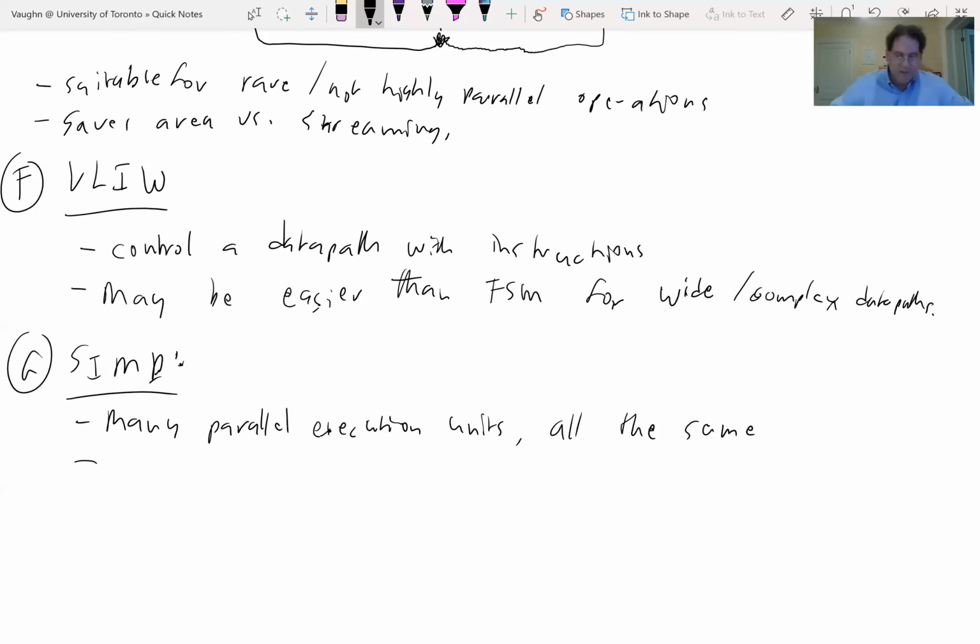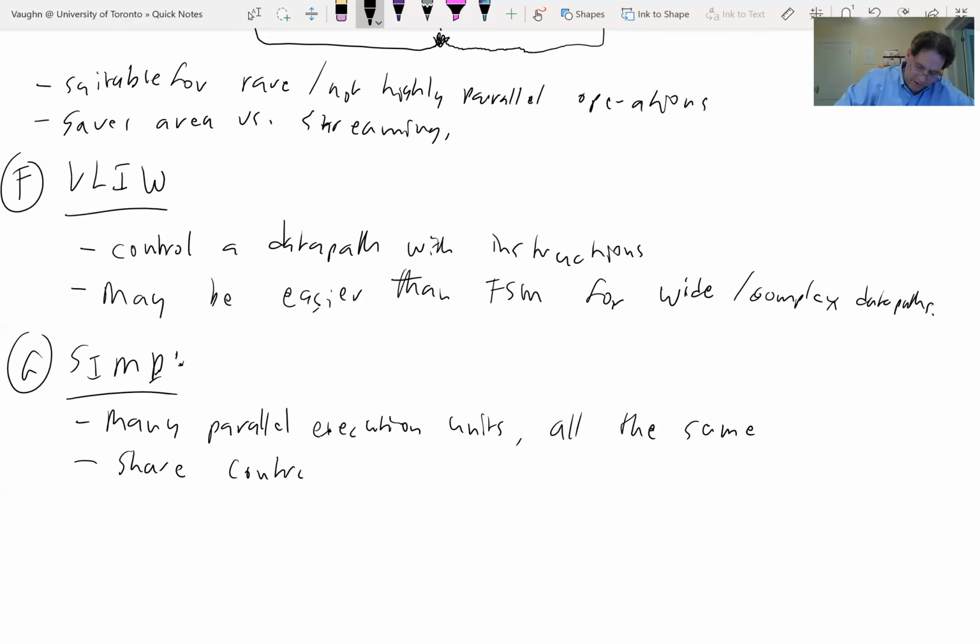Okay, so why is this a useful thing? Well, it can make your hardware more efficient because you can share the control. Control is just kind of overhead when you're doing a computation. Your data path is actually doing the actual computation you care about. The finite state machines and the instruction sequencing that I'm talking about is basically overhead.